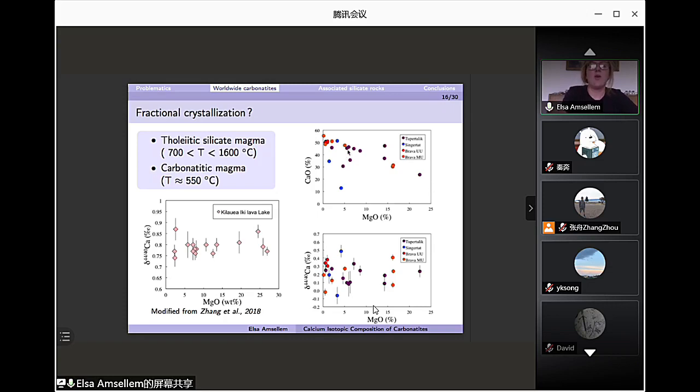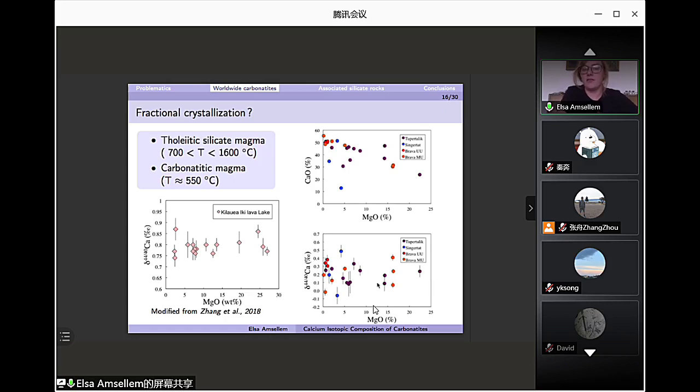I can roughly see that there is a correlation between calcium and magnesium content. So there is an enrichment in calcium content during the evolution of the magma. If we look at the calcium isotopic composition, we see no correlation at all.